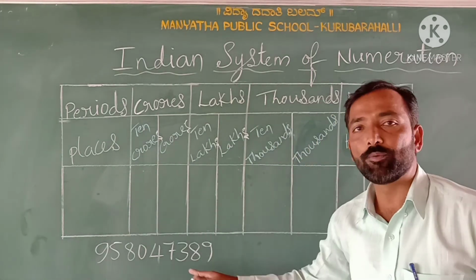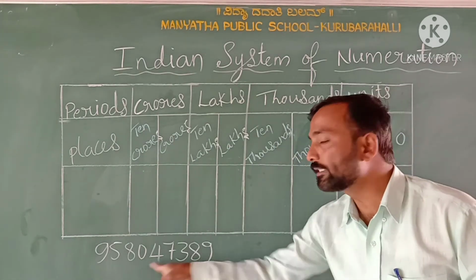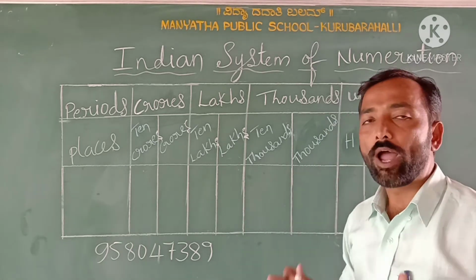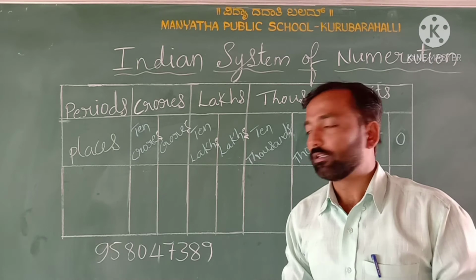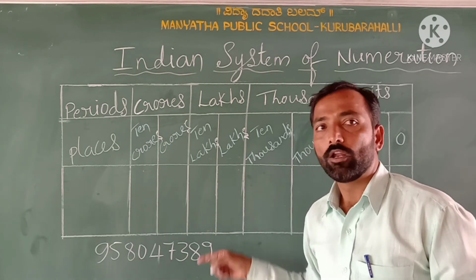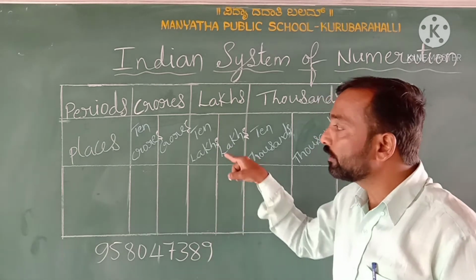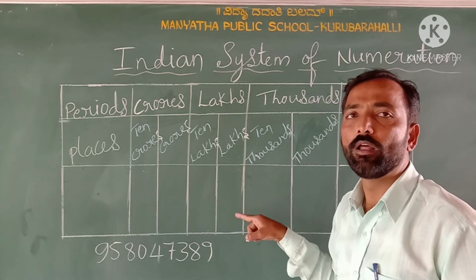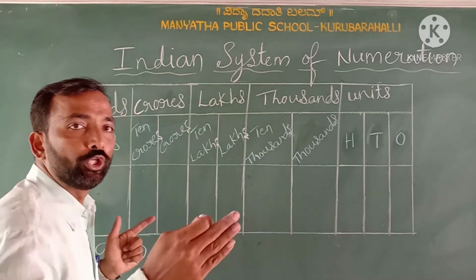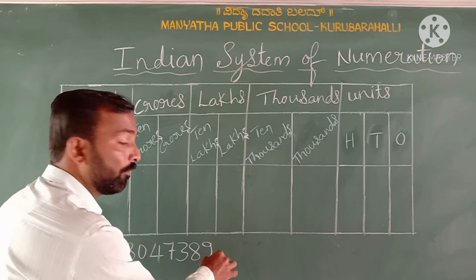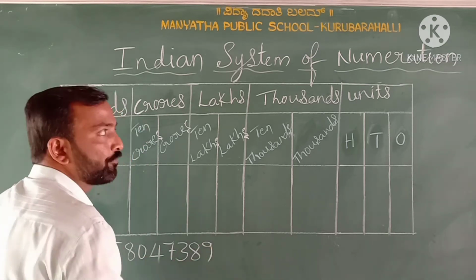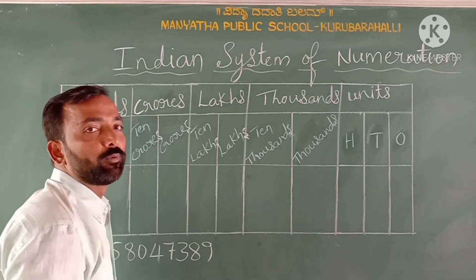While putting the digits of this number in the place value table, how can you write? First you write from right to left in the place value table.